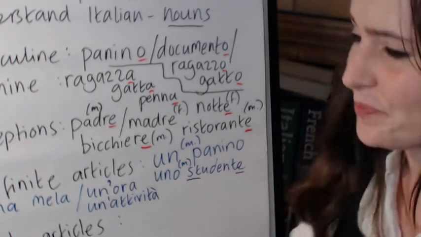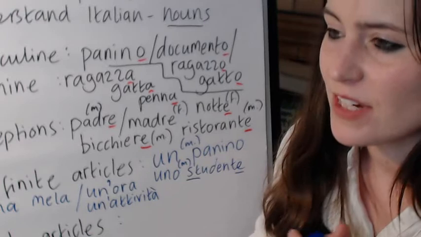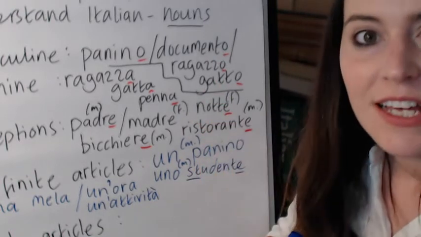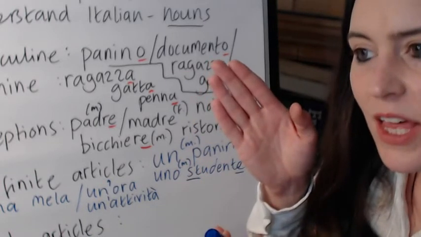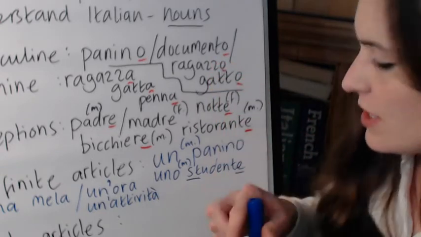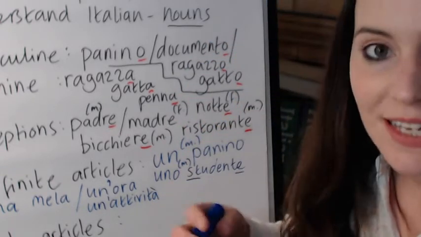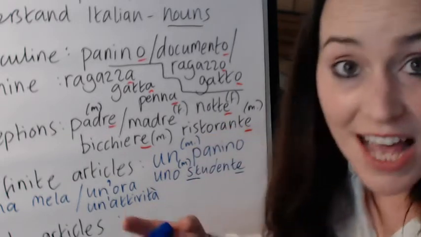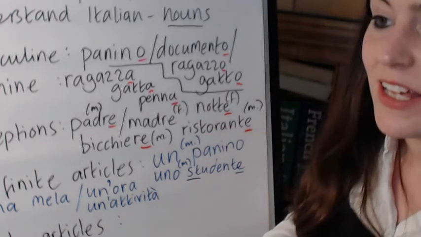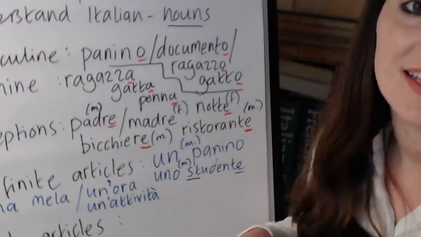In French, it's an E with an accent aigu, like liberté, libertà in Italian, activité, attività.